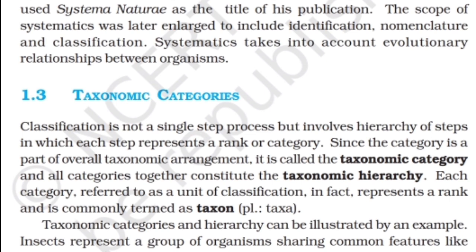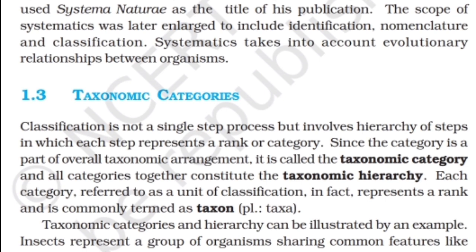1.3 Taxonomic categories. Classification is not a single step process but involves hierarchy of steps in which each step represents a rank or category. Since category is a part of overall taxonomic arrangement, it is called the taxonomic category, and all categories together constitute the taxonomic hierarchy.